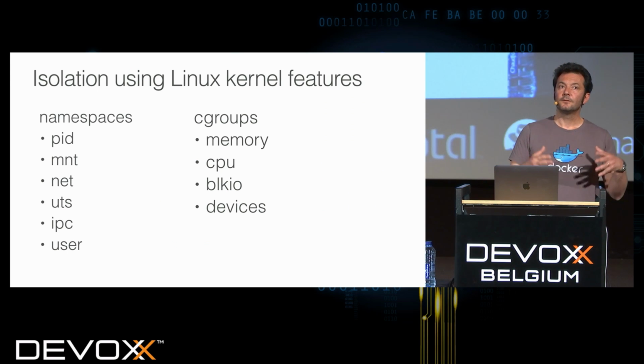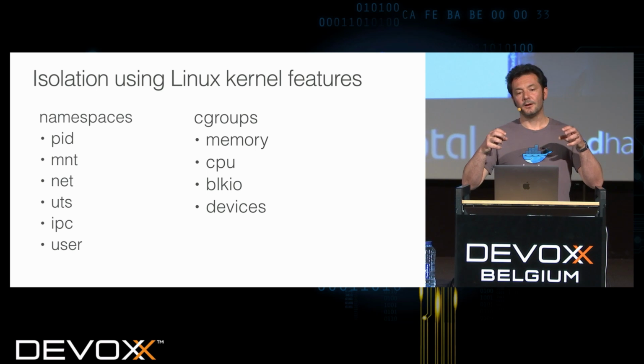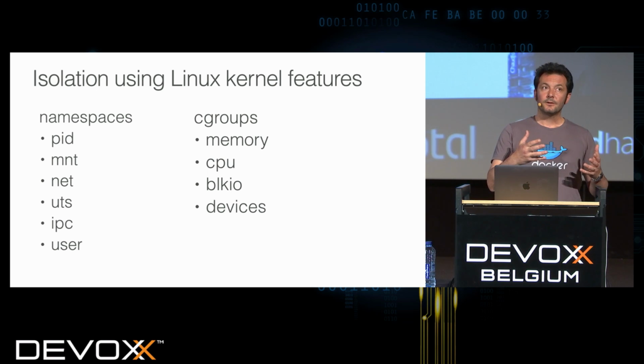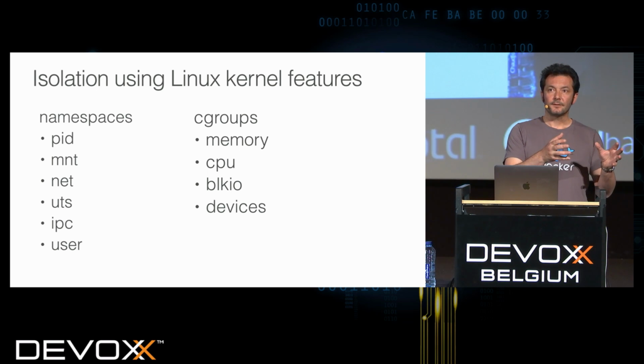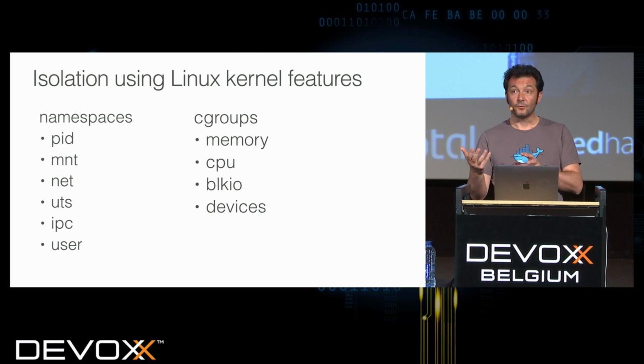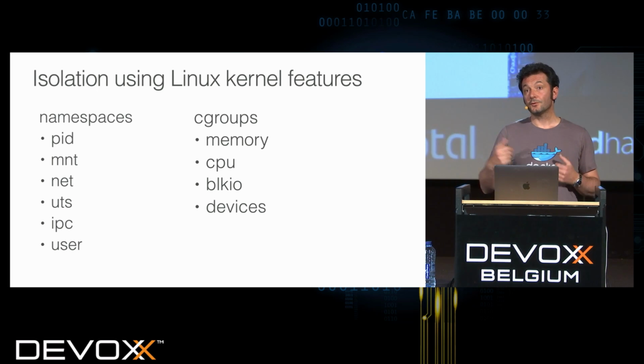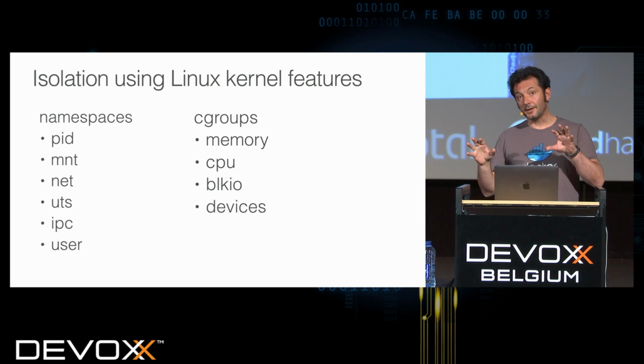So what is Docker? Docker is essentially built around Linux kernel isolation features, namespaces and cgroups. So it started with Linux, but now Docker runs also on Windows, and in order to create the Windows port, the Microsoft team contributed in two areas.